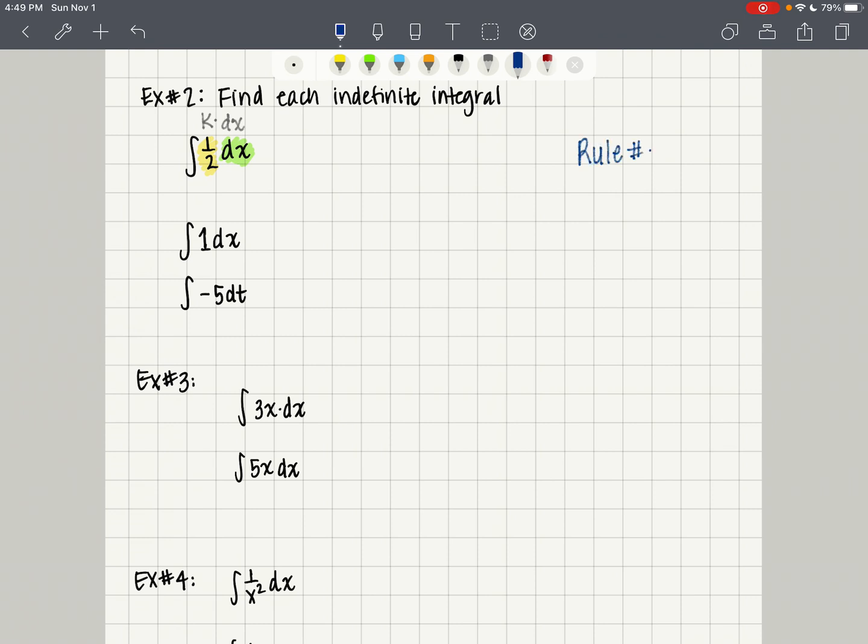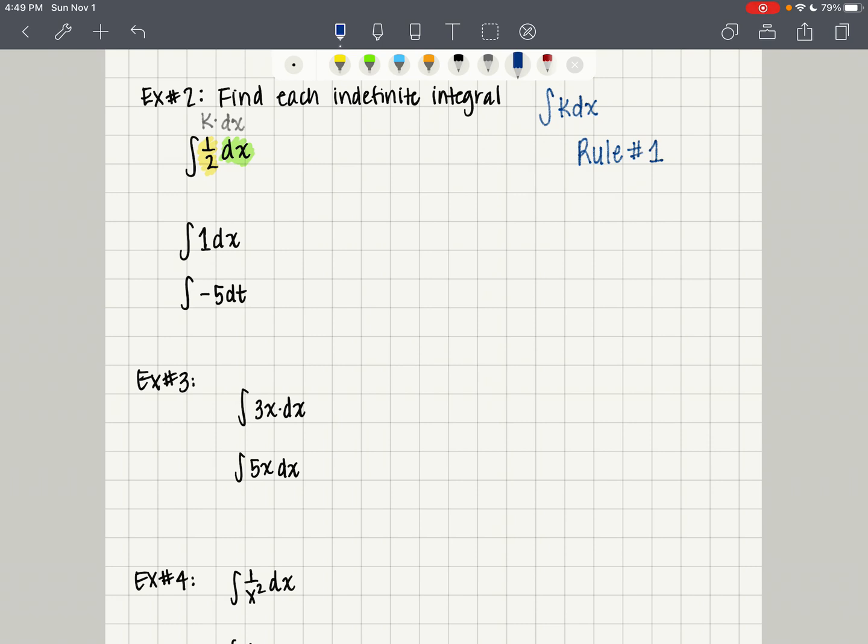Rule number one says the integral of k dx, the indefinite integral, and we will talk about definite integrals. Again, we're going to get used to the terminology, the vocabulary, and then you're going to be able to understand the difference between an indefinite integral and a definite integral when we get there.